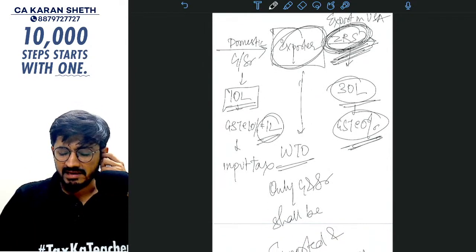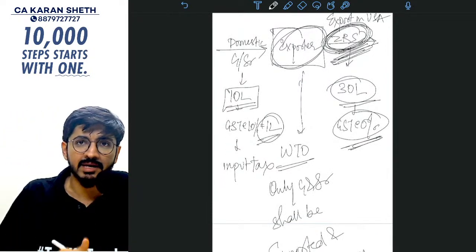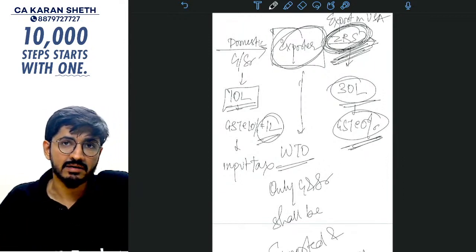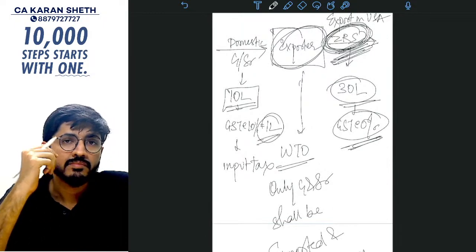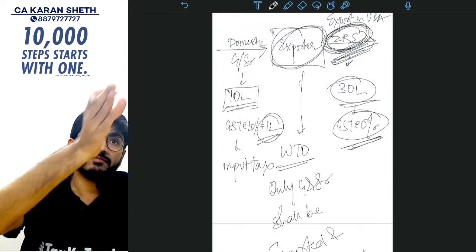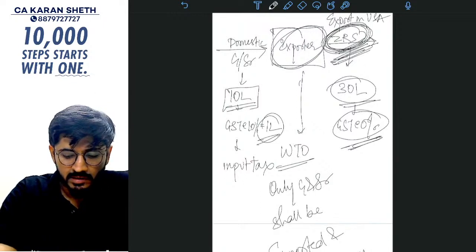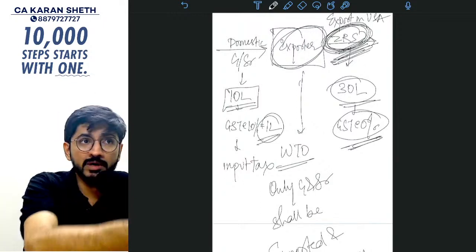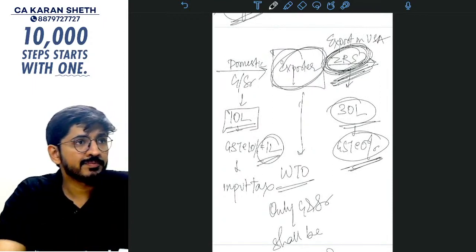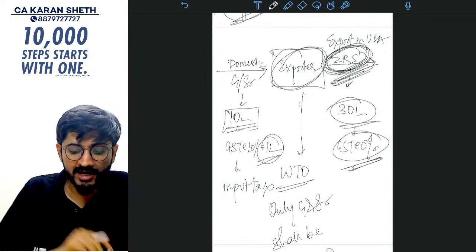Now, if I don't have the eligibility to charge output tax, understand that the input tax that I have incurred will be added to the cost, because I don't have any way to recover tax from the recipient, because I cannot charge output tax, because what I am doing is now termed as zero rated supplies. So I cannot charge GST to any foreigner. Now if I cannot charge GST, how will I recover my ITC?